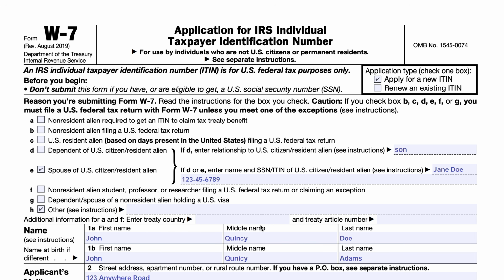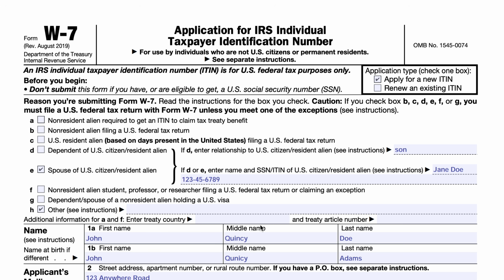So you have to have an ITIN if you're listed on a tax return for a specific tax benefit as a dependent. So things like being able to file a joint return and get preferential tax treatment that way.